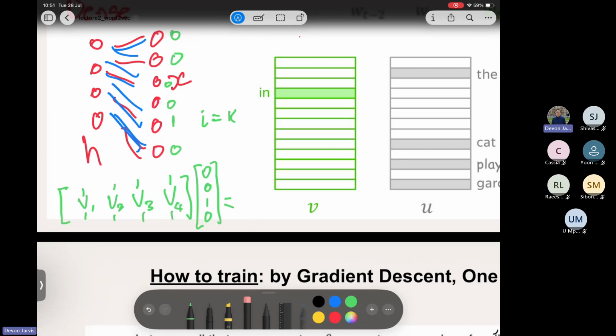Think of it in terms of dot products. You're going to take those 4 values, multiply, and sum up the output. V1 times 0 is 0. V2 times 0 is 0. V3 times 1 is V3. V4 times 0 is 0.